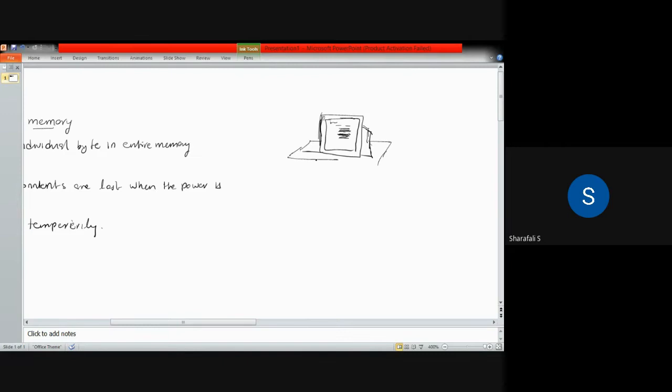If your battery or power is gone, and that Word file is not saved, you will lose the entire data. That is because the entered data is stored temporarily in RAM. Why is it stored?